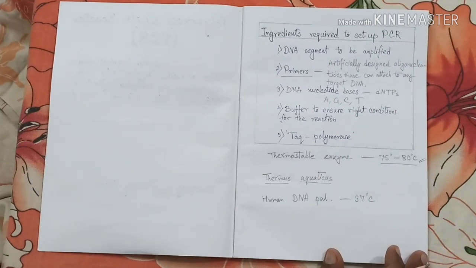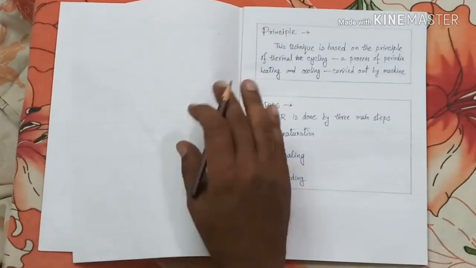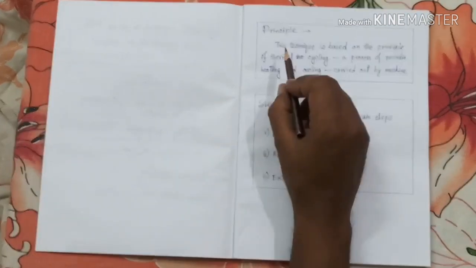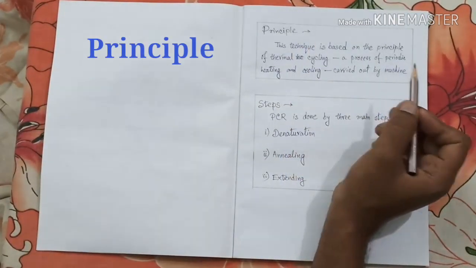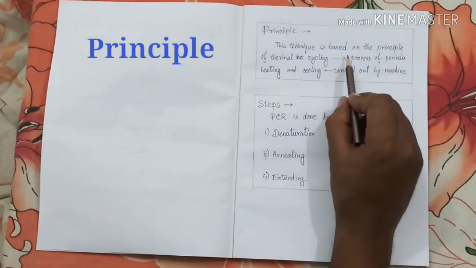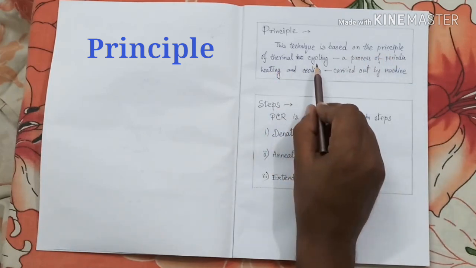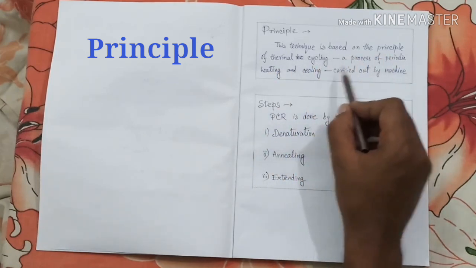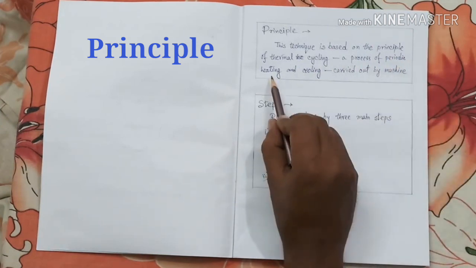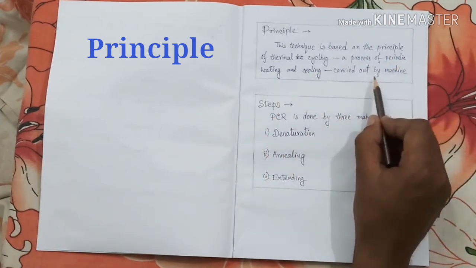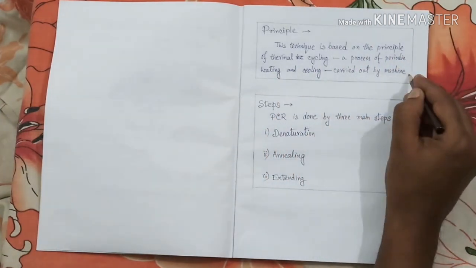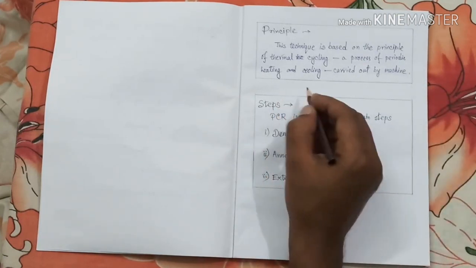So, next we move to the next topic. Let us find the principle of the technique. This technique is based on the principle of thermal cycling. What is thermal cycling? A process of periodic heating and cooling carried out by a machine. So, it is an entire machine based technique.